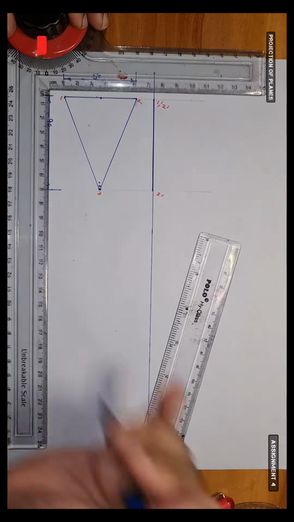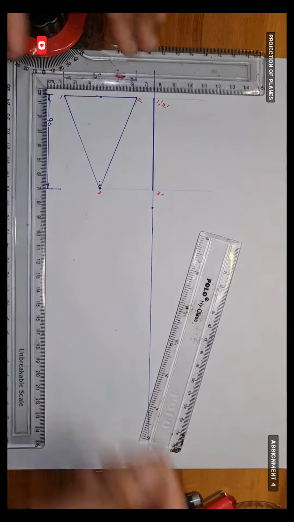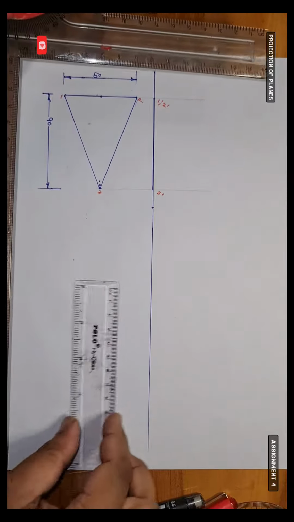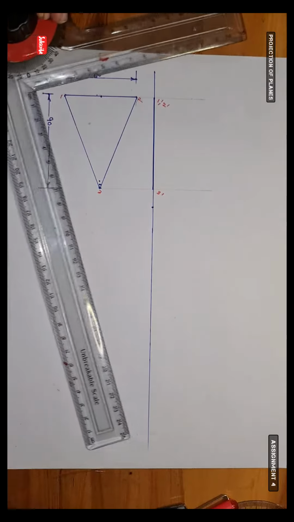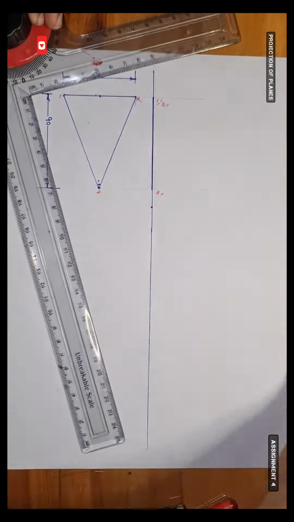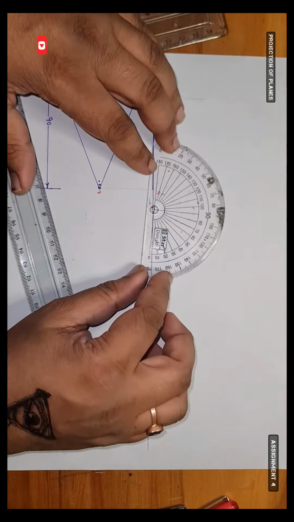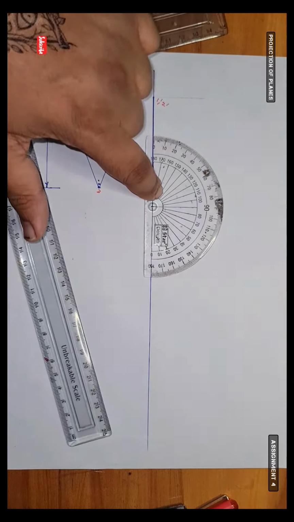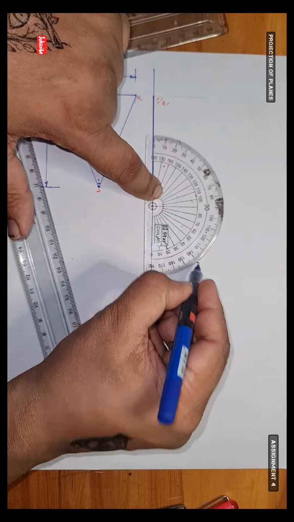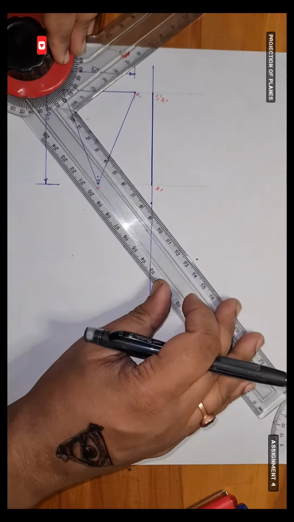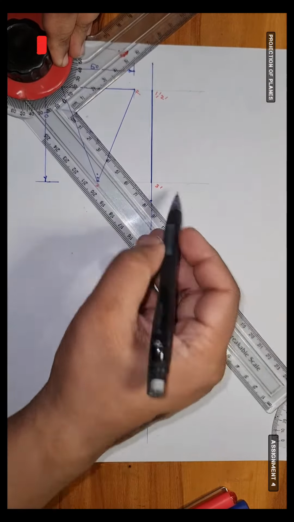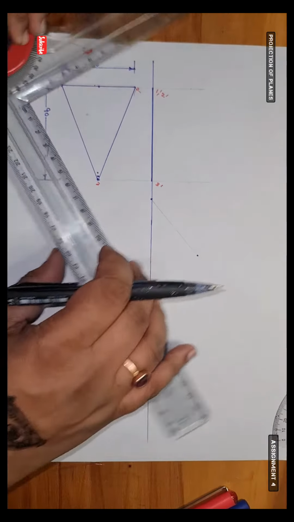Now take any point over here and lift this lamina. At 40 degree we are required to lift the lamina. So make an angle of 40 degree like this. We have made an angle of 40 degree.